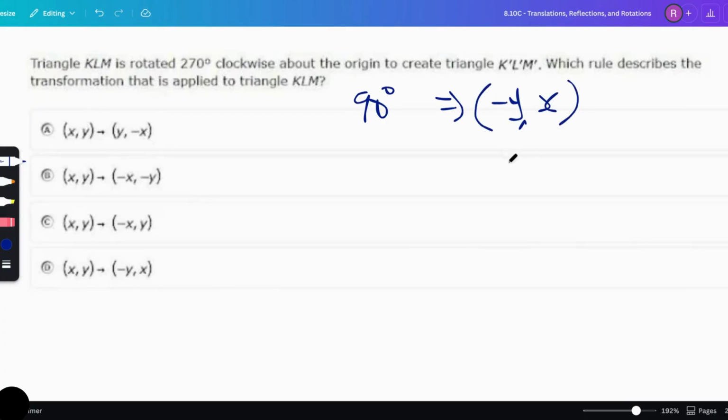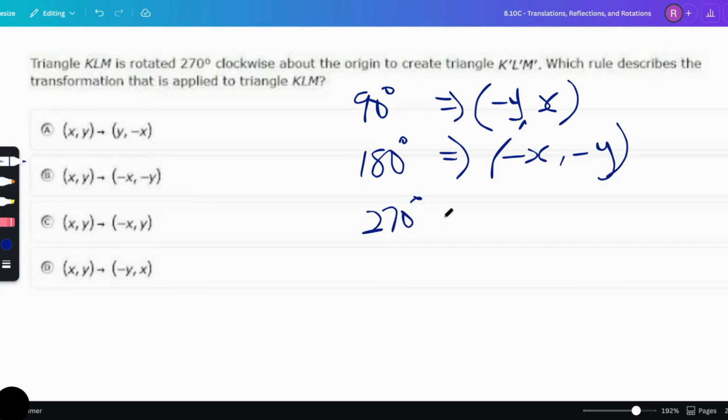We swap and then we change the sign. When it rotates by 180 degrees, it becomes negative x comma negative y. But when it rotates 270 degrees, we swap and change the sign, but this time it is the sign of x that will change.